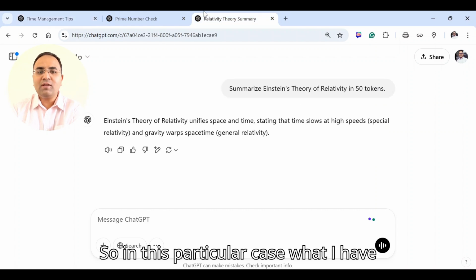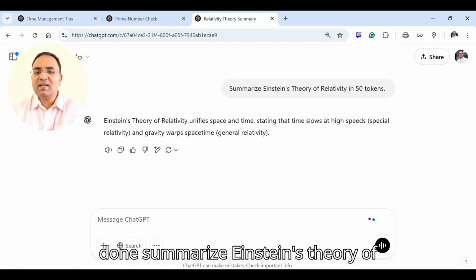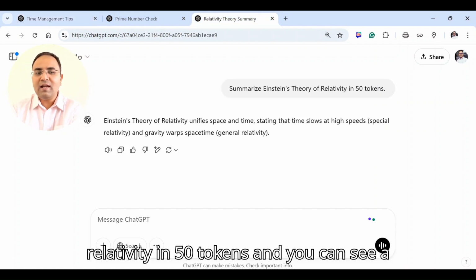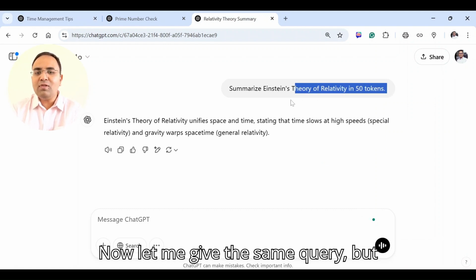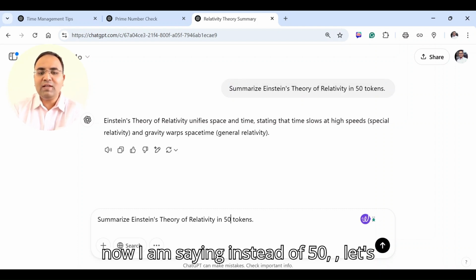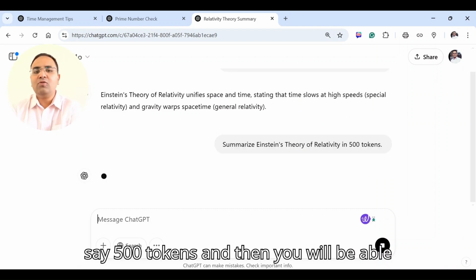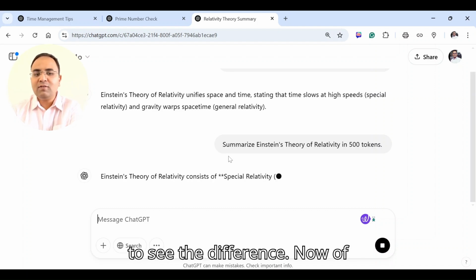In this particular case, what I have done is: summarize Einstein's theory of relativity in 50 tokens. And you can see a very brief response of just one line. Now let me give the same query, but instead of 50, let's say 500 tokens. Then you will be able to see the difference.